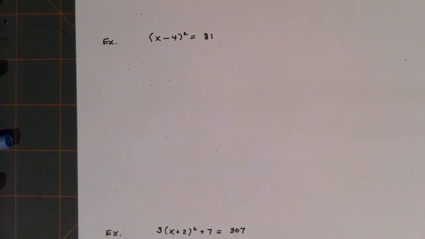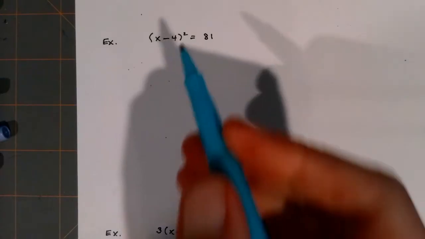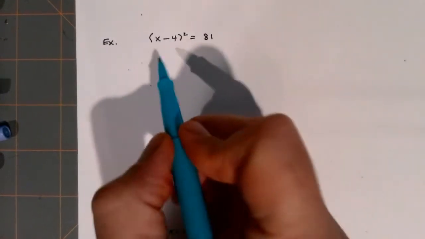Okay, so here we added the parentheses. So I have quantity x minus 4 squared is equal to 81. This is going to be a little different, and I'm going to actually do the bifurcate on this. Hopefully you tried this on your own.